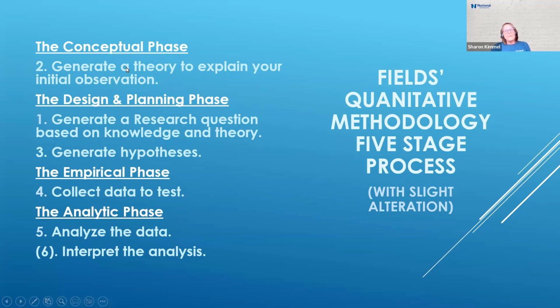I broke down generating a theory to explain your initial observation, which he had as number 2, and generating a research question based on knowledge and theory that he placed as number 1. And his reasoning was that identifying or generating your research question based on knowledge and theory is a way of identifying your variables. And I do not disagree.